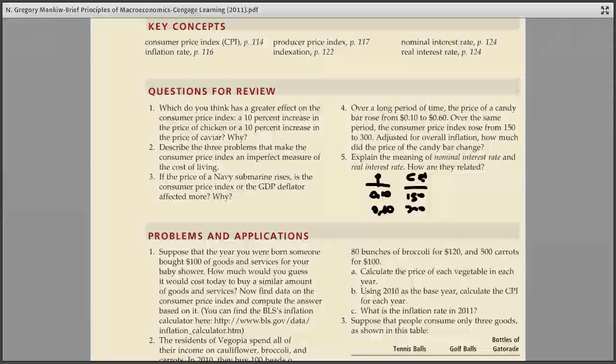So the price of the candy bar changed. CPI 2 minus CPI 1, divided by CPI 1, multiplied by 100.